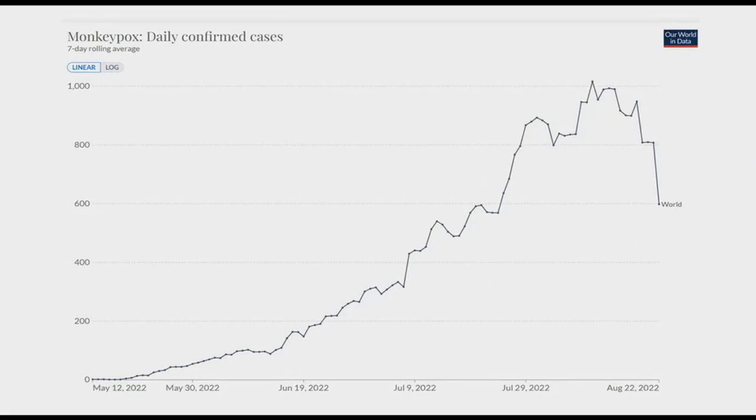If you look at the daily confirmed cases, the trend has been turning down. That means our current containment measures, for example isolation, vaccination, and drugs, are taking some effect. So this is good news that the epidemic did not grow indefinitely.